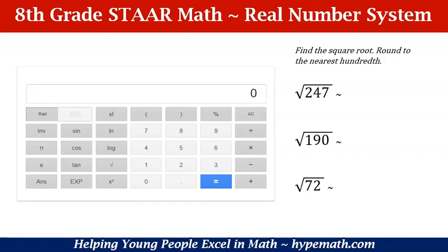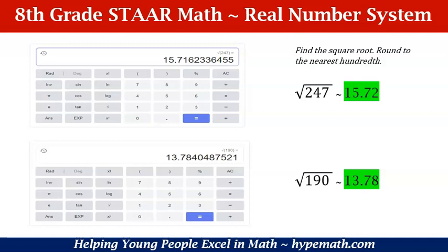Okay, let's look and see what our answers are. The square root of 247 is equal to 15.72. The square root of 190 is approximately 13.78.